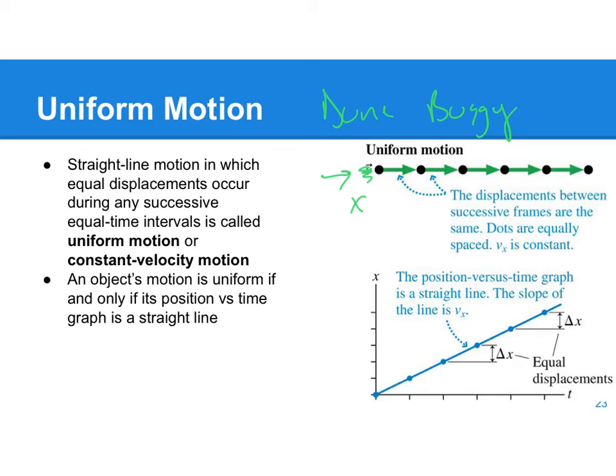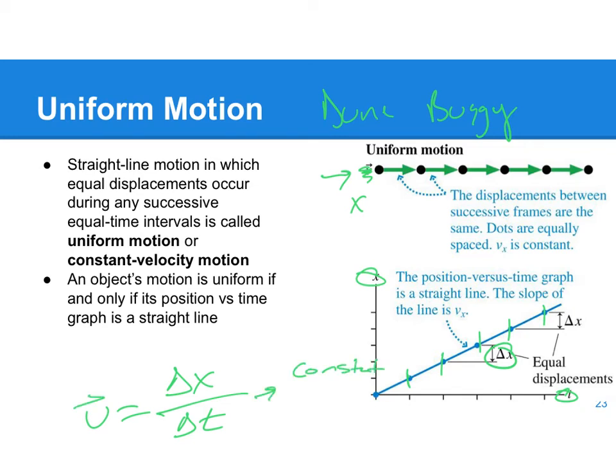Now, when I graph that on a position versus time graph, every time interval, as time goes on, the rise, which is the change in position, otherwise known as the displacement, is constant. So there's a constant displacement in every time interval. We know that the slope of this is the velocity, which means I have to have constant velocity.